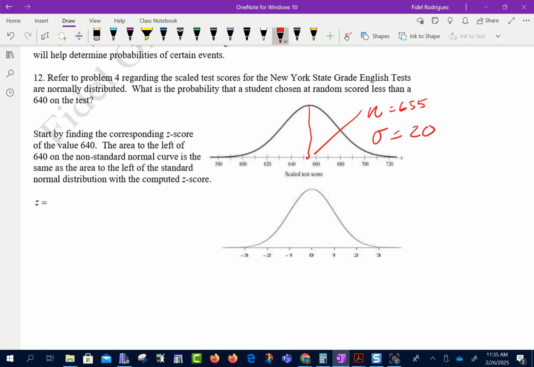What we're going to first do is find our z-score. The way we find a z-score is we take our x value minus our average divided by sigma. My x value in this case is 640. We're going to say 640 minus 655 divided by 20.